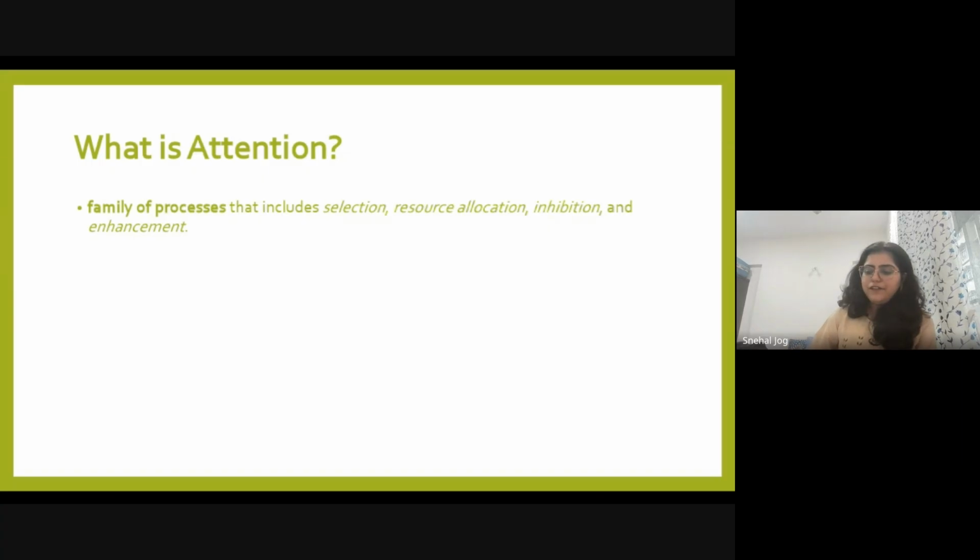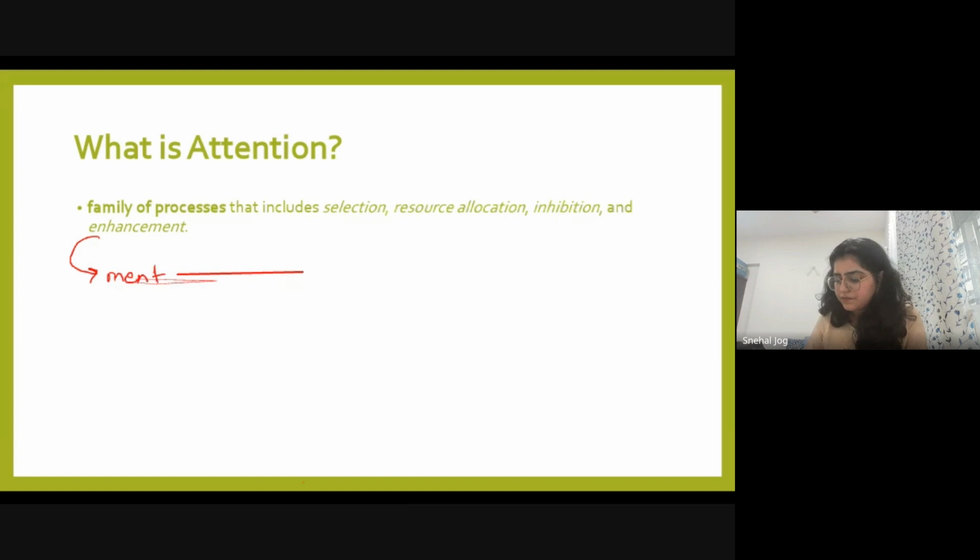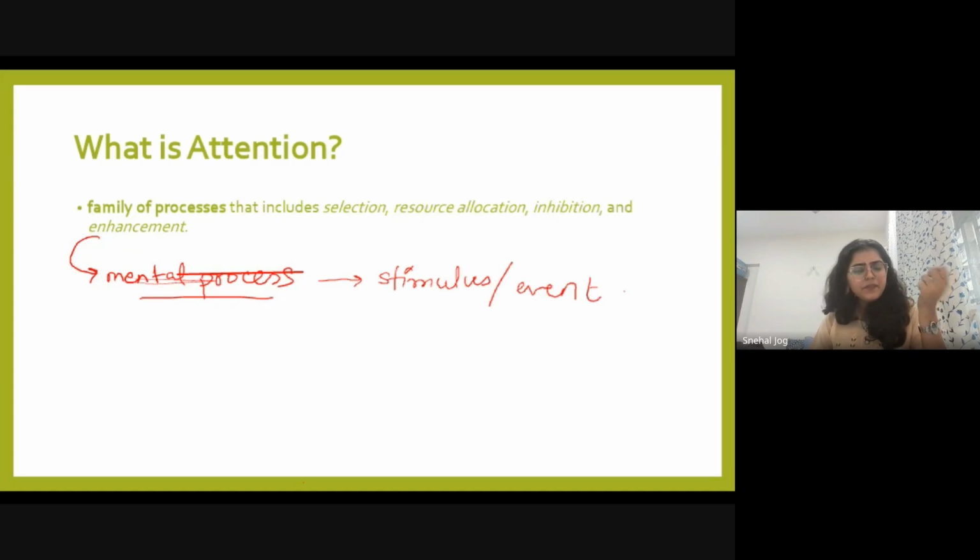But the textbook definition of attention is that it is a mental process of concentrating effort on a stimulus or a mental event. So there is either going to be a stimulus or some kind of mental event. What does attention allow us to do? It allows us to select the relevant stimuli from our environment while suppressing irrelevant information.